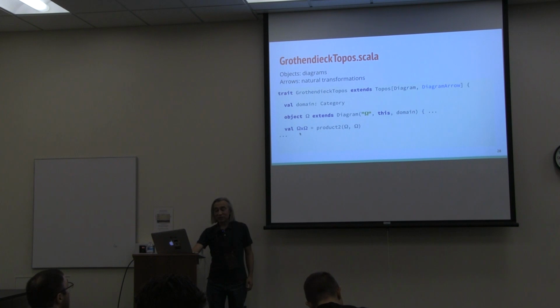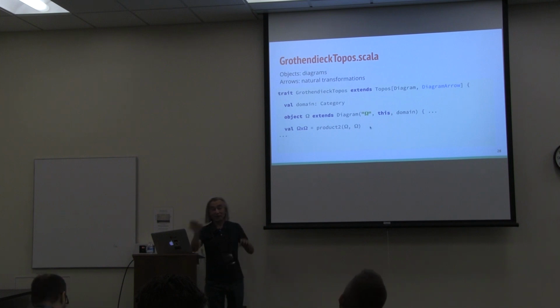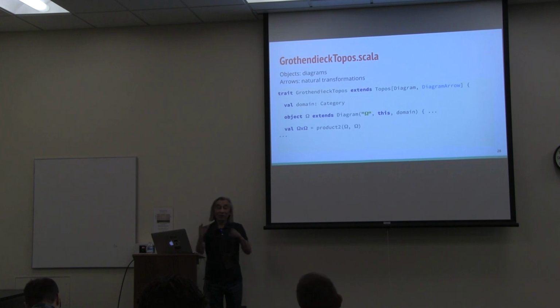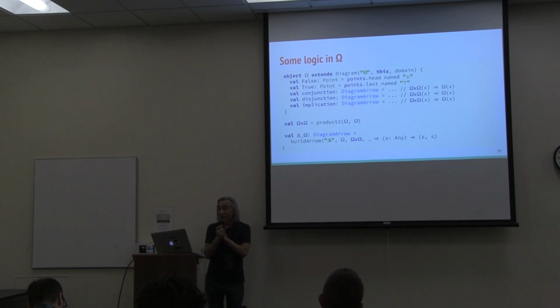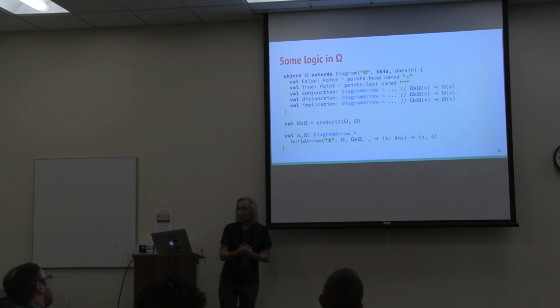Also, I had to define it. It's actually a lazy val, omega cross omega, the Cartesian product of omega with itself, and there are other things provided for calculations. So why do we need omega cross omega? Because we have logic now. We can define binary operations. That's the logic we defined on that object omega.